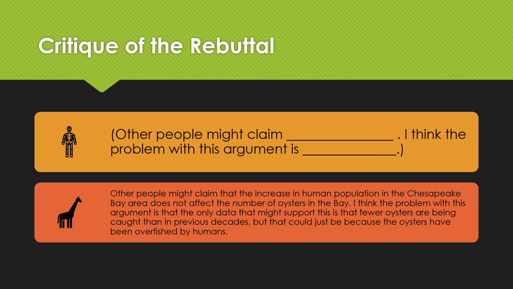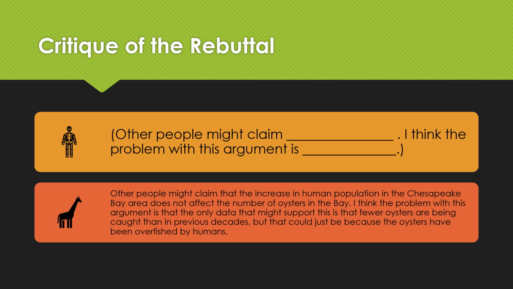Other people might claim blank, that we now start talking about claim B. We state claim B, and then we say, I think the problem with this argument is, and we put our reasoning for claim B. If you remember, we said the argument is not strong enough because catching less oysters means that we already overfished them.